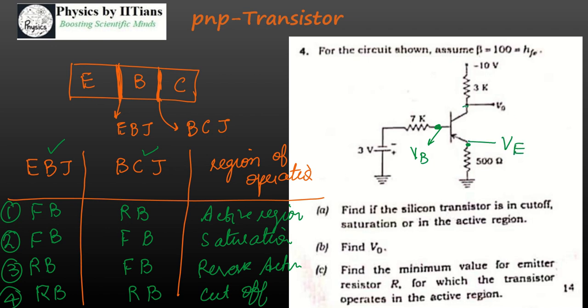Similarly, the potential of the collector, that is VC. Based on these voltages, we will be able to identify whether the emitter base junction is forward biased or reverse biased. Similarly, whether the base collector junction is forward biased or reverse biased. And if we know that, it will be easier for us to identify the region of operation. So our task is to find all these voltages. So let's start the question.